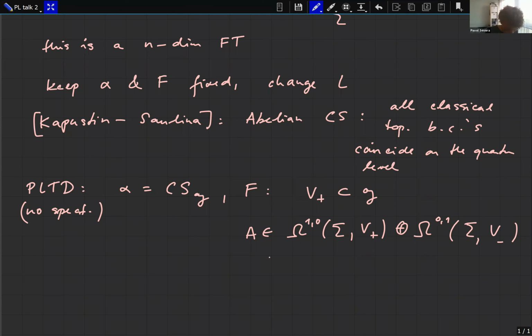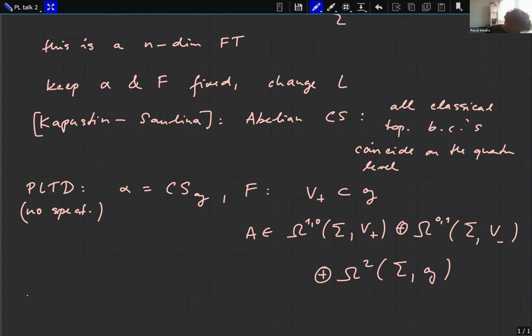And if you're doing it like in the Batalin-Vilkovisky setup, which is the right way how to put it, so there would be also Omega^2(Sigma) with values in G. So that's how we restrict. So this is now this form with values in G when seen on the boundary is not an arbitrary form, but it needs to satisfy these kind of conditions.